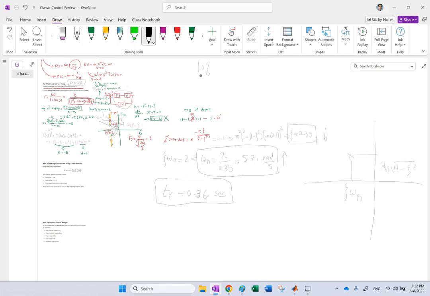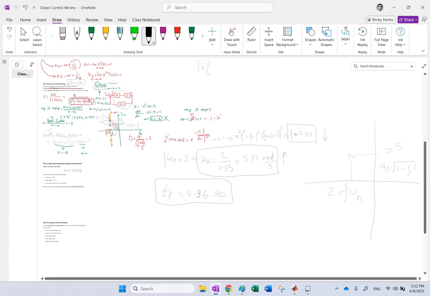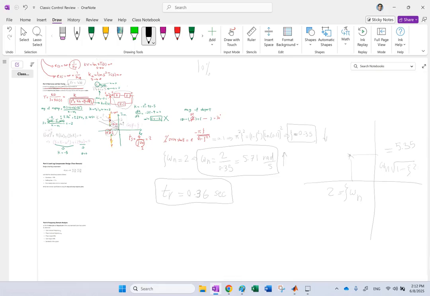Now that I have this zeta and omega n, this guy is going to be 2, and that one, let me do it in MATLAB for you a second. And so you get 5.71 times the square root of that number, you get 5.35. So your location is -2 plus or minus 5.35j. This is where your pole is.